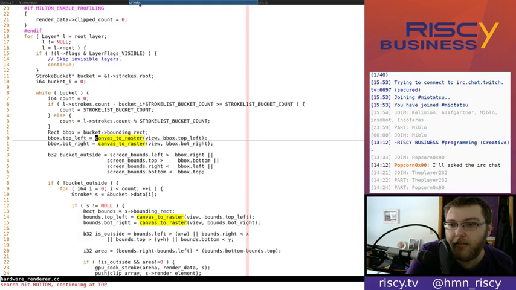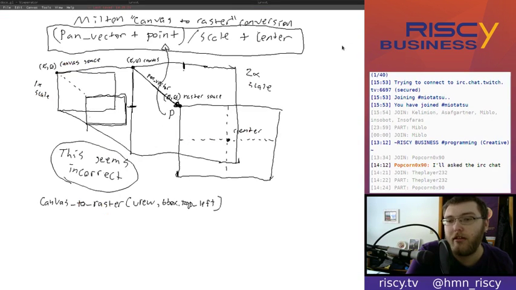And this converts the bbox.top left in canvas space to raster space.